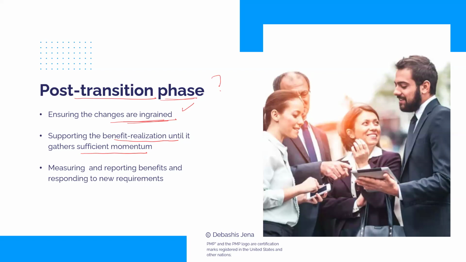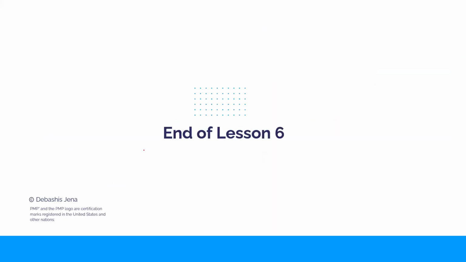It may take a long time and is not worthwhile. But we run this phase until benefits are being achieved and are self-sustaining, meaning even if you withdraw, the benefits would be achieved on their own. Then you can stop it. And measure and report on benefits. That's another thing you would do. So these are some post-transition activities.